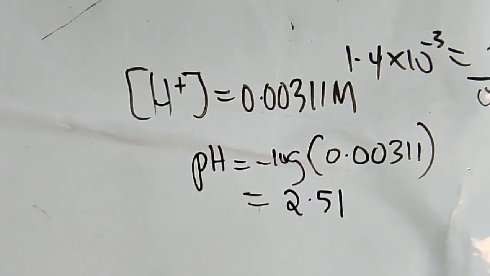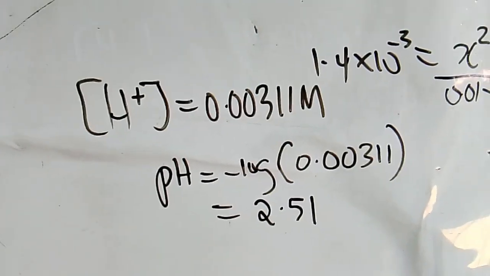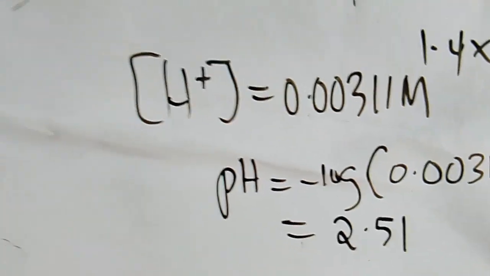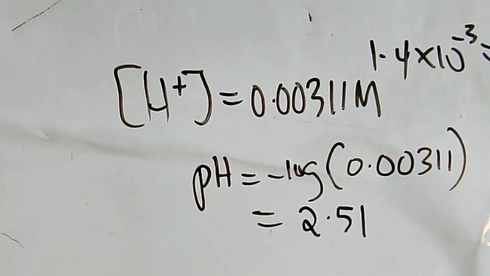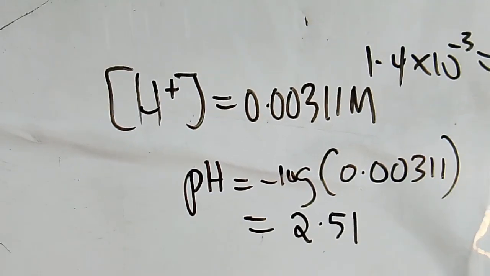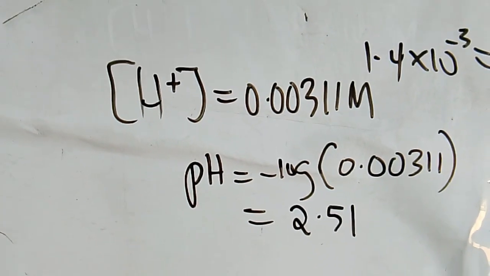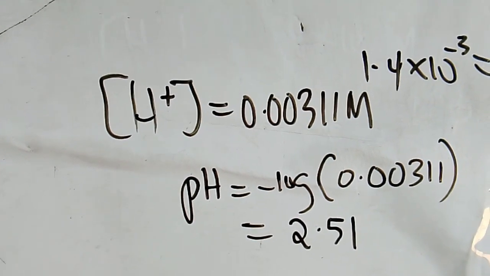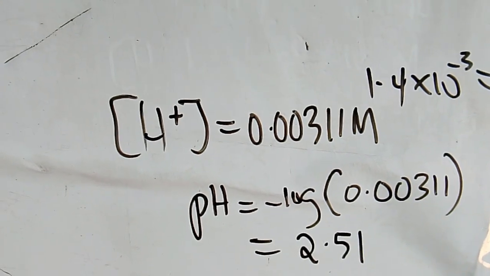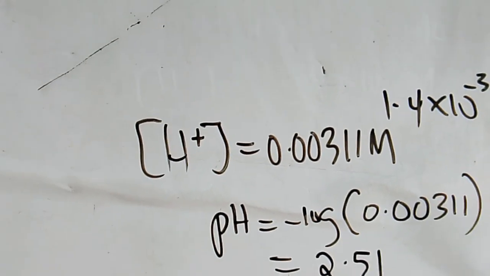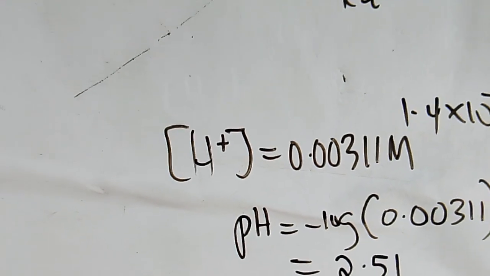It is 2.51. It cannot be 11, because 11 is for bases. So the hydrogen ion concentration is this, then the pH is 2.51, which makes sense since it's an acid. If we know the pH, we can also calculate pOH. You know how to do that.